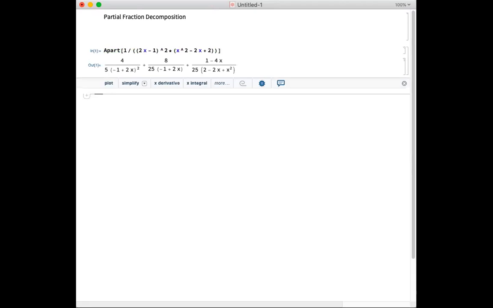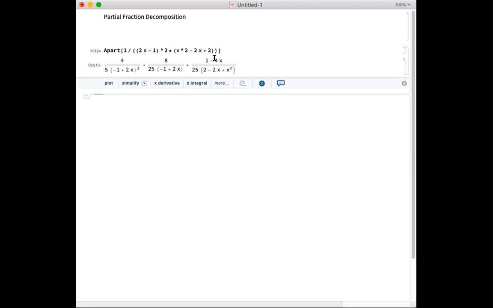Now, notice the one thing that this didn't do. This as an output gave me the partial fraction decomposition. Notice that there is no 2x minus 1 term in our answer in the denominator. So that coefficient ended up being 0, and that could happen. If we wanted to do this problem and finish the integration, we would be integrating each of those 3 fractions separately.